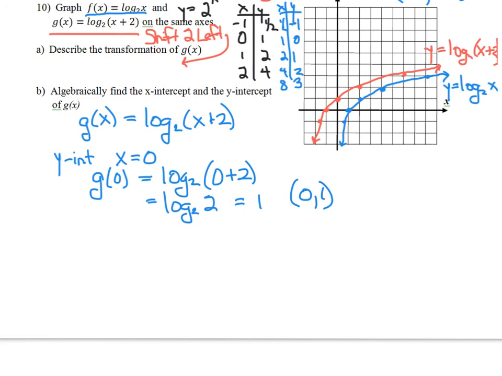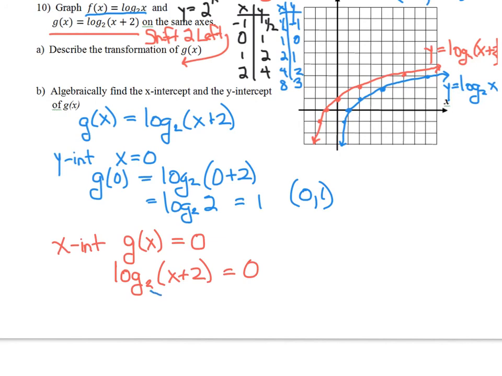Now let's go ahead and find my x-intercept. The x-intercept is when I make y be 0. So another way of writing that is the g of x would have to be 0. Let's set my equation log to the base 2 of x plus 2 equal to 0. Remember how we solve a log equation? We can rewrite this as an exponential. Use your arrows if you'd like.